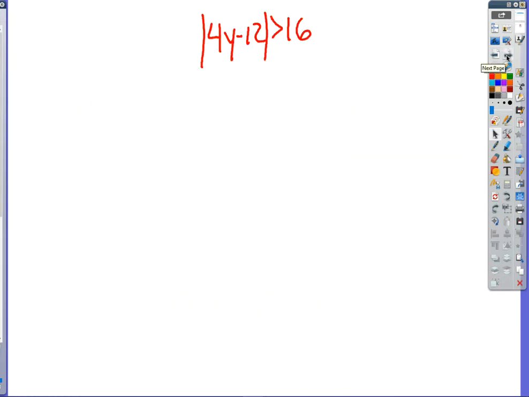All right, we have the absolute value of 4y minus 12 is greater than 16. All right, so what is going to go in positive world? What is going to go in positive world, Tyler?